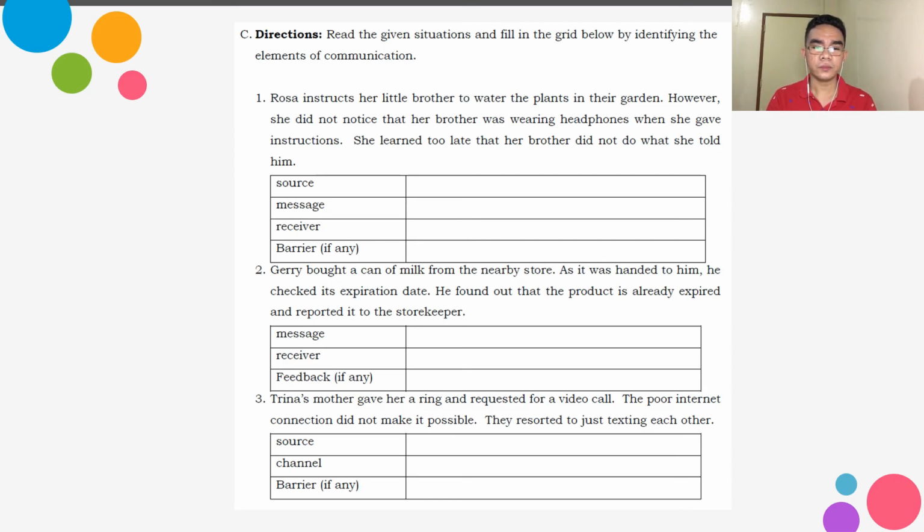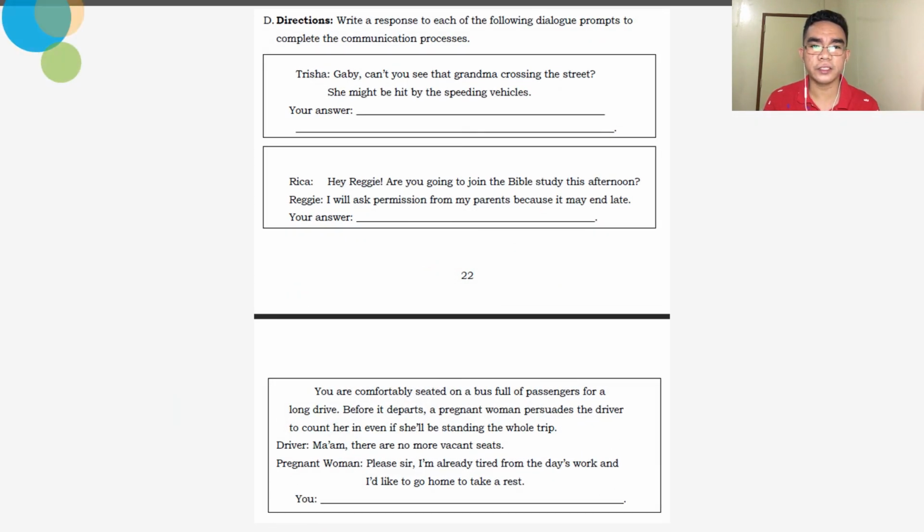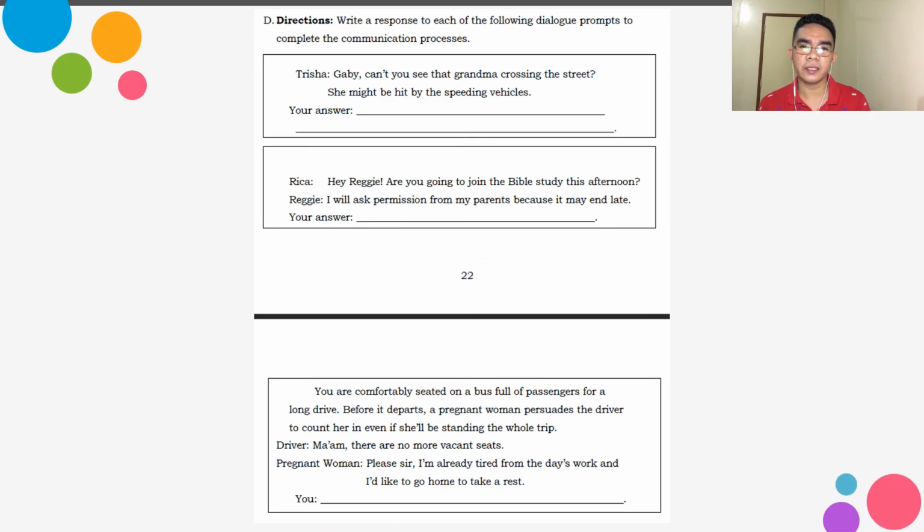Next, letter D. You have to write a response to each of the following dialogue prompts to complete the communication process. So here are the following. You have to just read that, and then you will create your own response. And if you have the response, that is already called the interactive model.